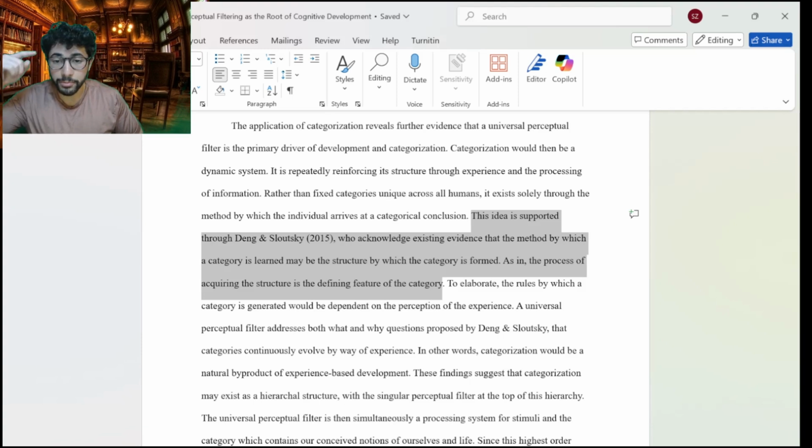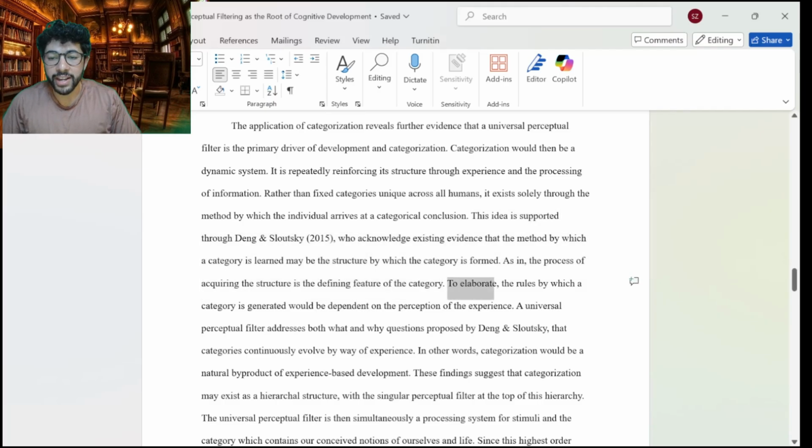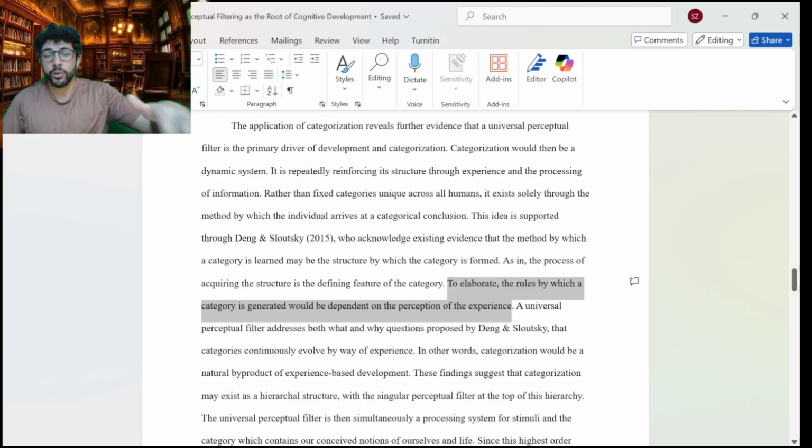So your perception, what you believe about it, is literally forming the category of information. And you do this infinitely in your brain. Okay? So to elaborate, the rules by which a category is generated would be dependent on the perception of the experience. That's exactly what I just said. Your perception creates the category, right?